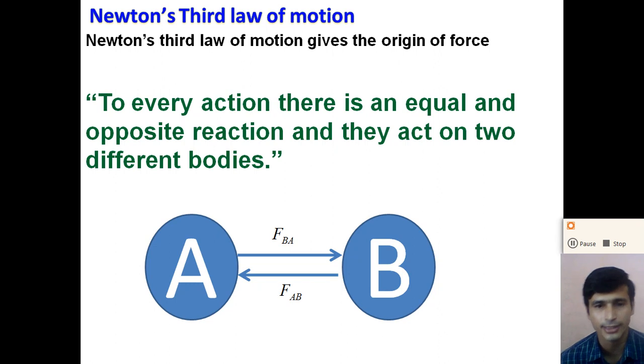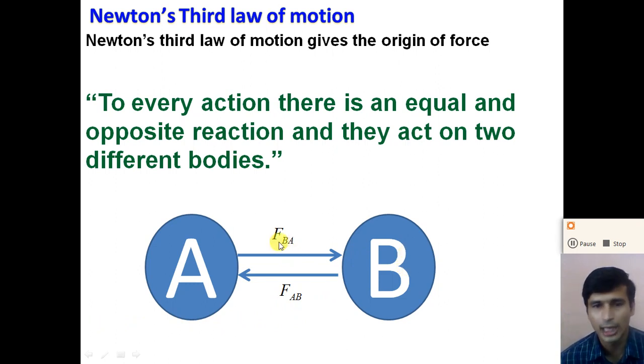Suppose we consider two bodies, body A and body B, right? So here we can say that a force is exerted on body A due to body B. That is F_AB. What is F_AB? F_AB is the force acting on object A due to object B. Similarly, a force is acting on body B due to body A also.